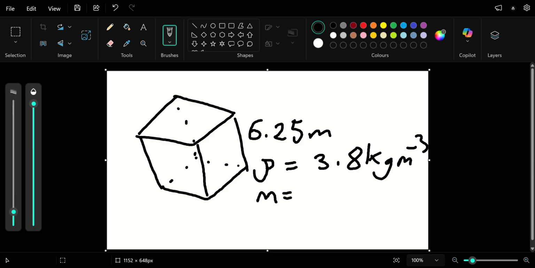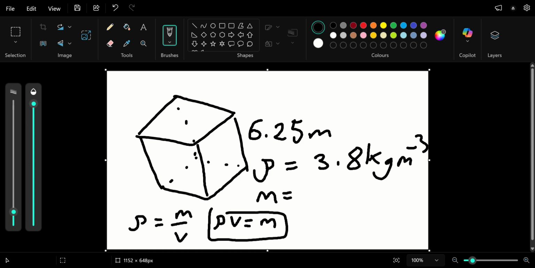Okay, first we'll have to rearrange our equation. We know it as density is mass over volume, but in this case we're looking for mass. So let's rearrange to make mass the subject, and therefore we can see that density times the volume equals mass.